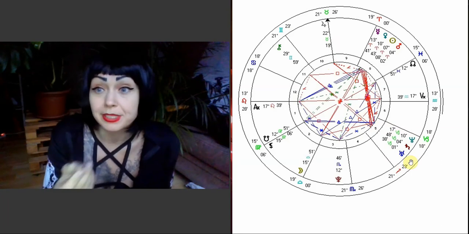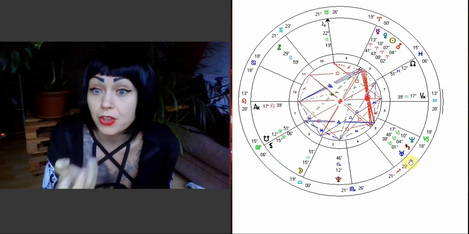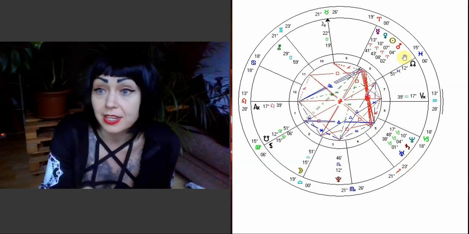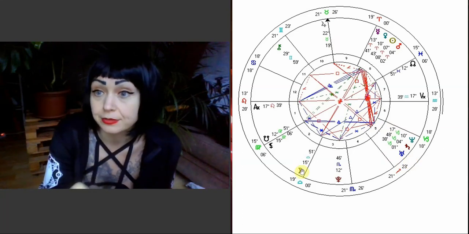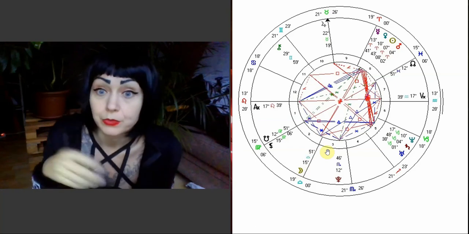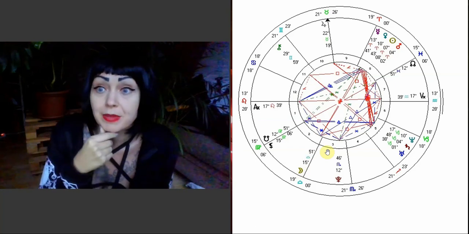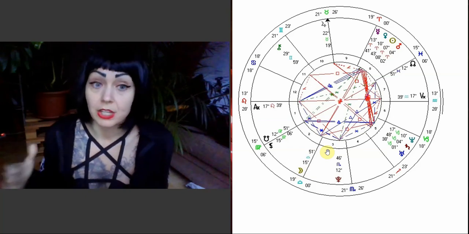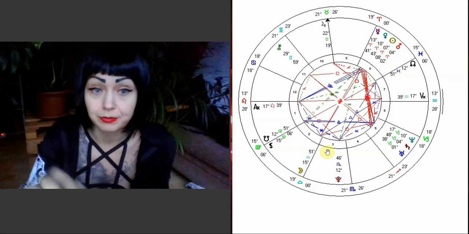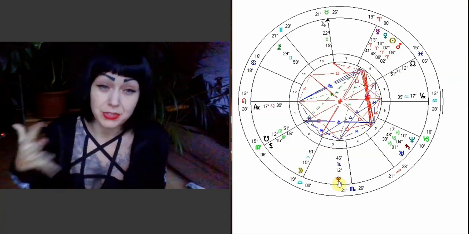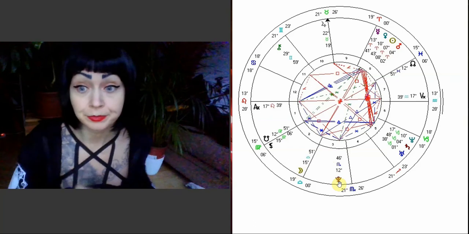What is missing a little bit in this couple is the earth, or something like grounding. There's a lot of fire, there's air. So we're missing a bit of the grounding energy. There might be a lot of passion, a lot of wanting, a lot of talking, because here there's also Pluto in the 3rd house, which tells me that there are transformational conversations.